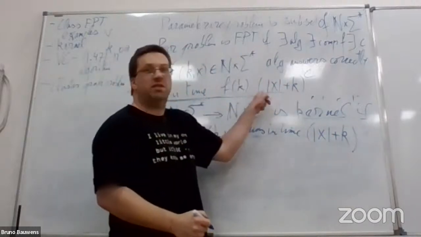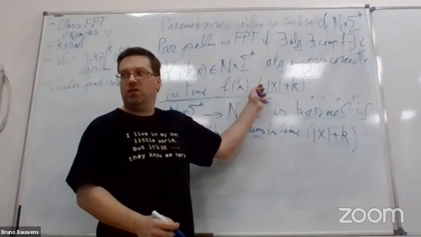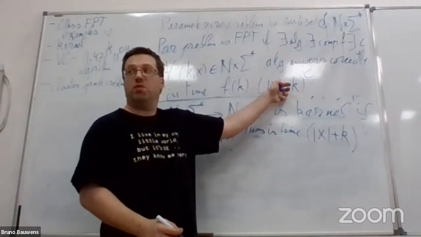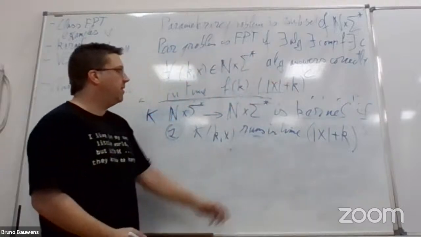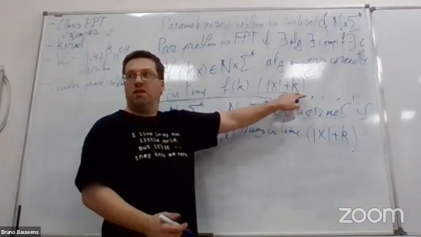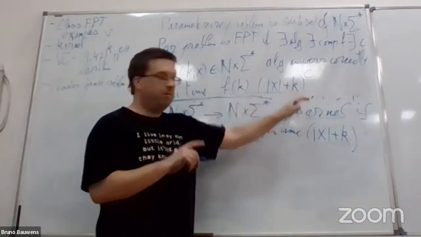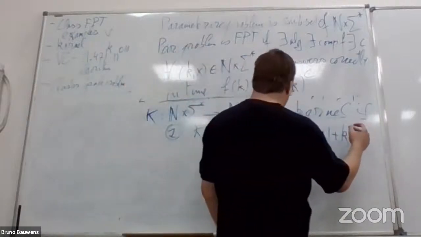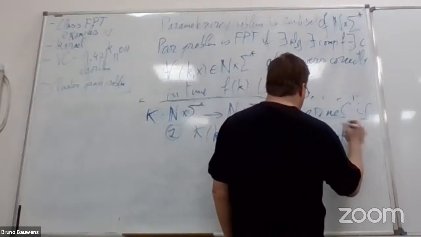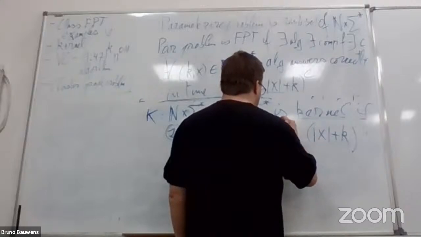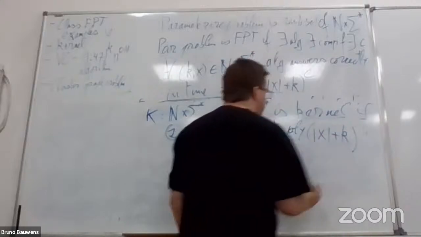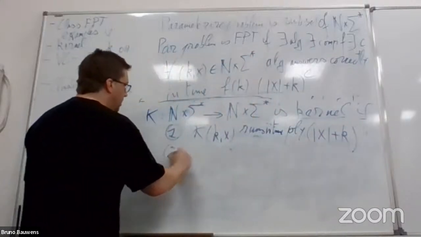I should say it this way: the size of the object is the length of the word plus k in unary. So be careful when we use the parameter. The parameter is given in unary. So the time is polynomial in the length of x and k.